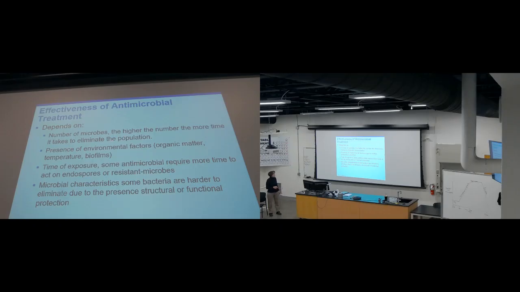And then, of course, something that affects the efficacy of control of microbial growth is the presence of organic matter. So, if you have a dishwasher at home, and you finish dinner, and you have leftovers on your plate, like mashed potatoes, a piece of vegetable, well, you have to pre-clean it.